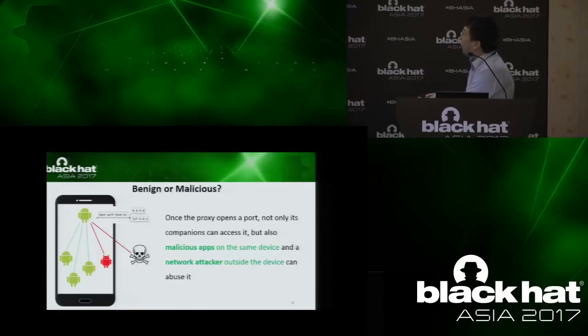And also, if the device is infected by some malicious application, that application can also access such ports to do those behaviors as well. But here we want to emphasize, if we have the concept of the 3G, 4G intranet, actually some attacker from the network can also access this port. So later I will show you how that can be done.